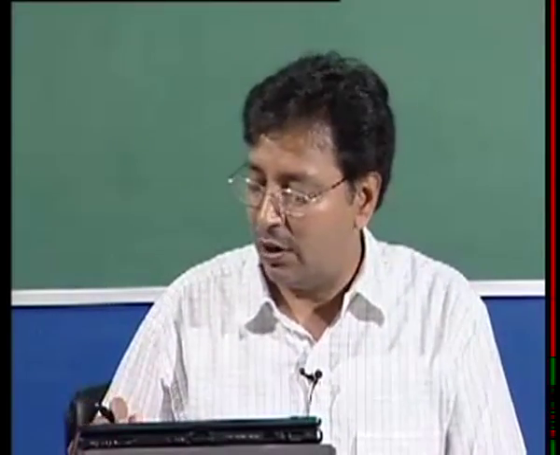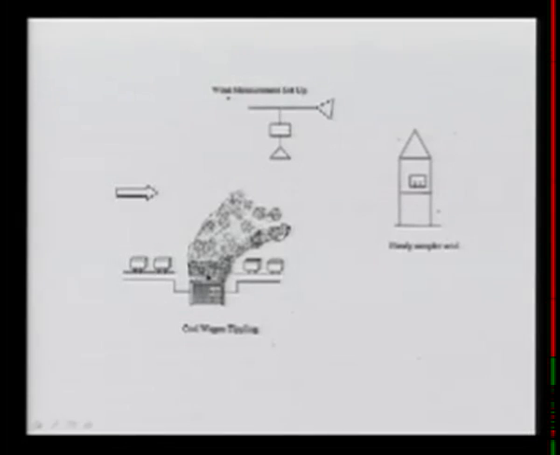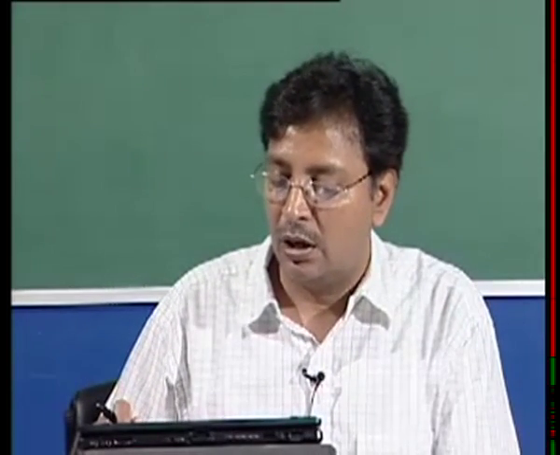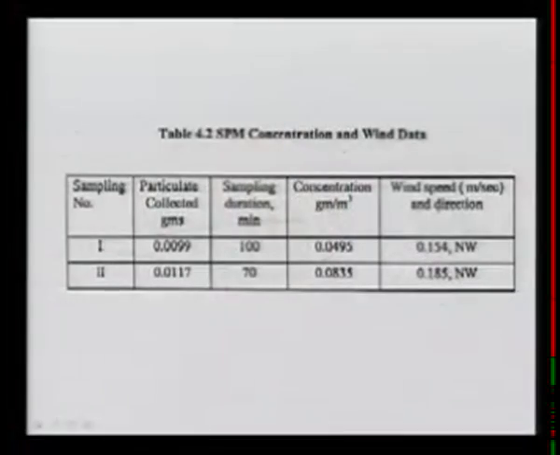So what we have learned so far is that we can actually find out the emissions from the fugitive sources. One more example you see here: these are the measurements that were done. As I said, the wind speed and wind direction need to be measured, and the concentrations are measured at the various sampling locations.